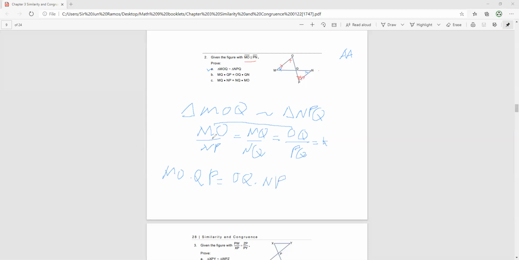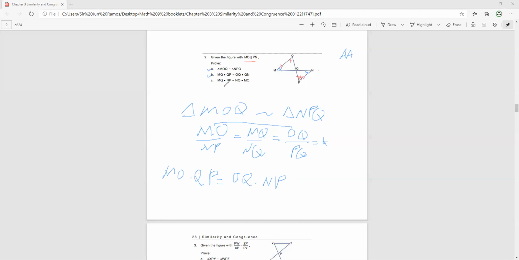That's the result of letter A giving us two triangles that are similar. So this should be MO and QP, and then OQ and NP. So we have done letter B.